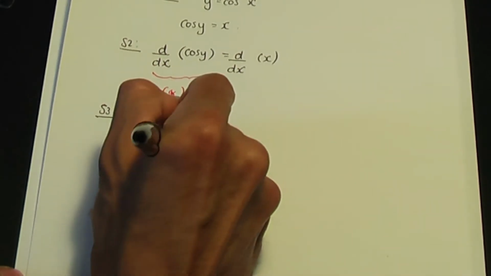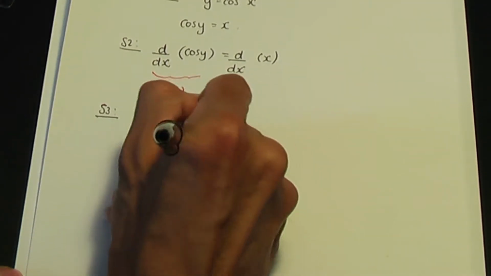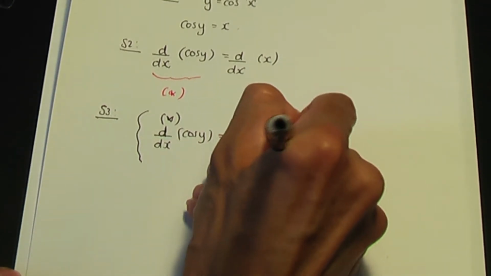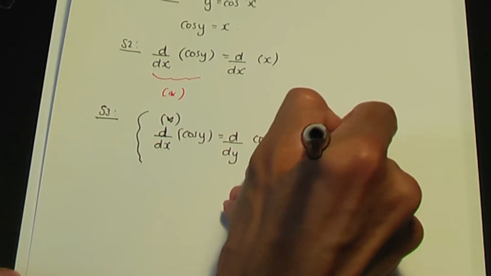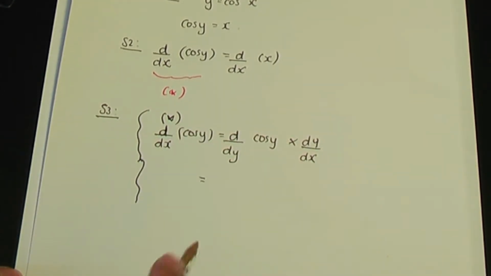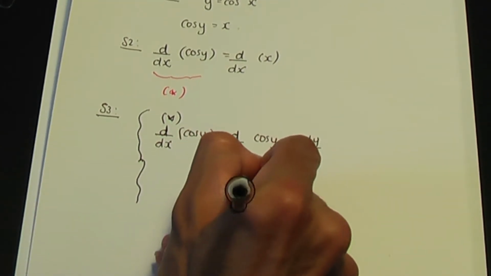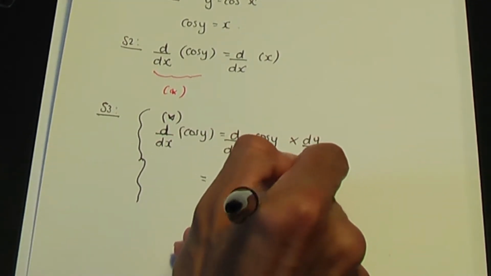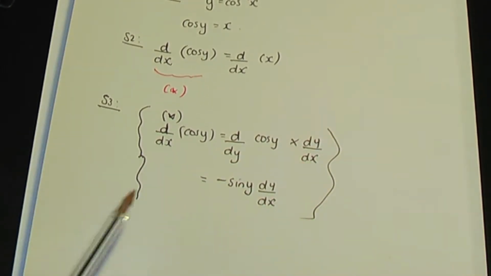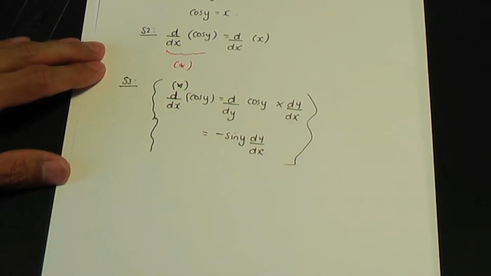Here is star, d by dx of cos y. That is d by dy of cos y times dy over dx. If I differentiate cos, that is minus sine. So minus sine y dy over dx. That's the outcome of star, the term on the left hand side.